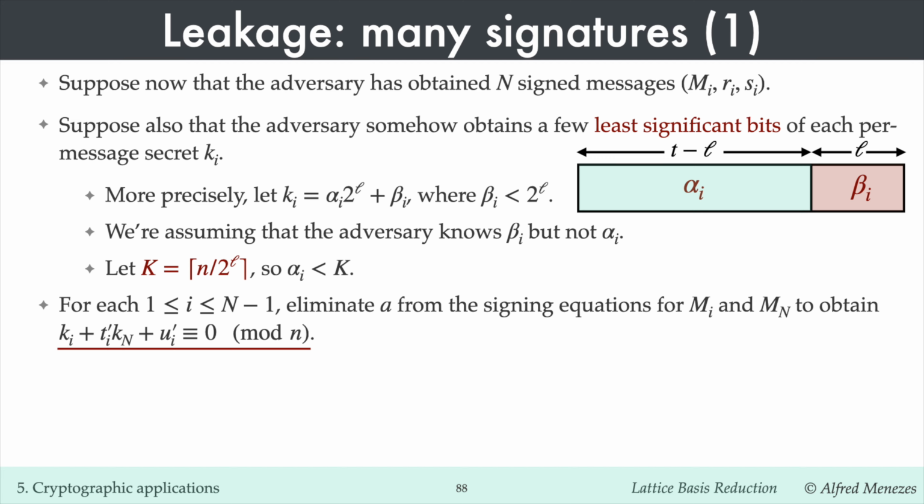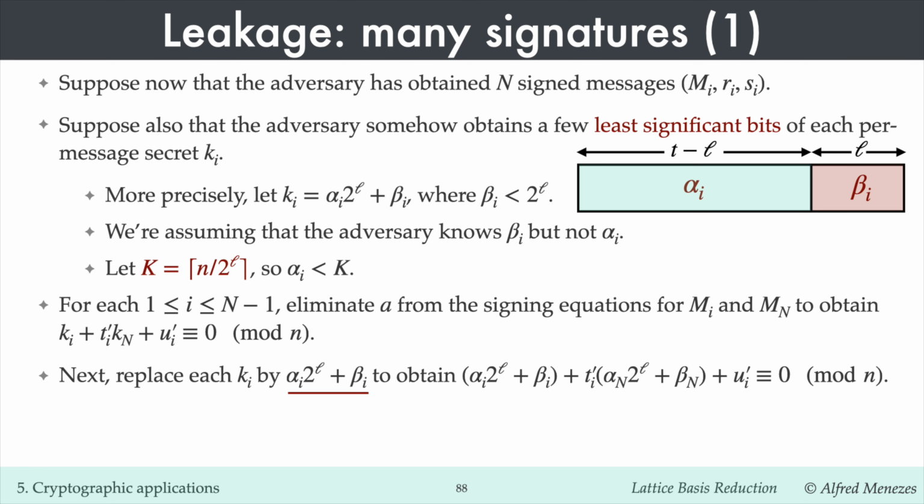Next, for each i, eliminate A from the signing equations for the ith message Mi and the last message Mn to obtain a linear congruence where the only unknowns are ki and kn. Replacing each ki with alpha i times 2 to the l plus beta i yields this congruence.